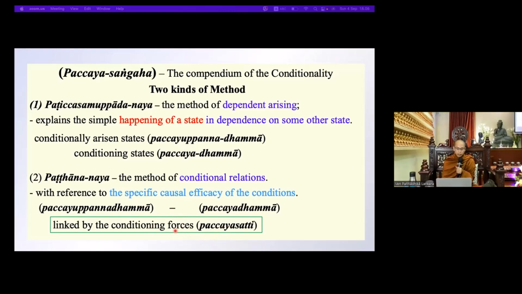So this is the difference between the two methods, although they are both explaining the causal relationship between conditioning and conditionally arising states. Patthana explains the different forces, which are called the Paccaya Sattii. So when we study Patthana, we will learn the 24 Paccaya Sattii too. Okay.